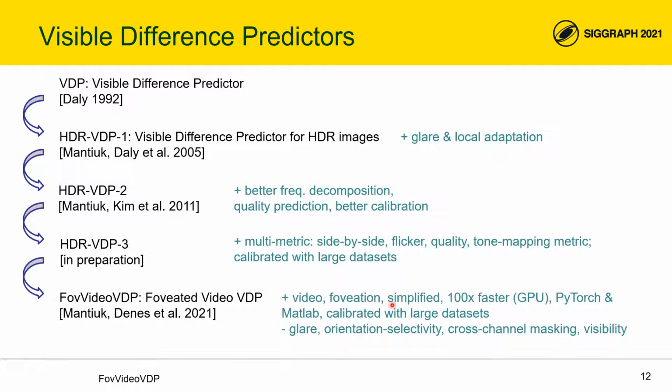We much simplified the metric and made it 100 times faster than HDR-VDP-3. We released both PyTorch and MATLAB code for the metric. However, because we wanted a simpler metric, we had to remove some components such as glare, orientation selectivity of the bands, cross-channel masking, and we focus on the predictions of quality rather than visibility.